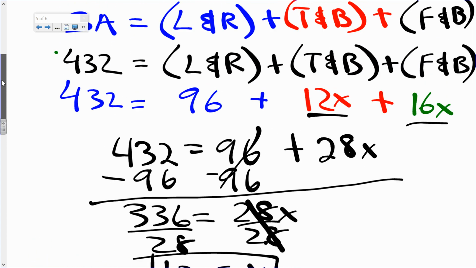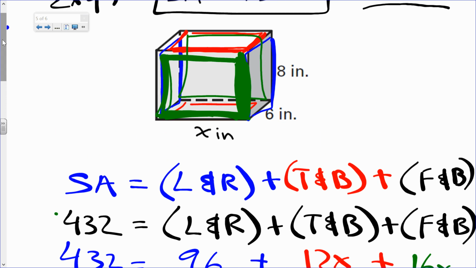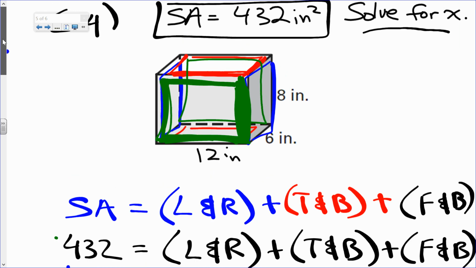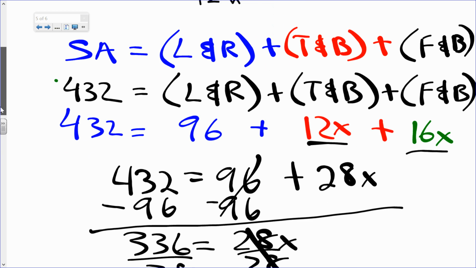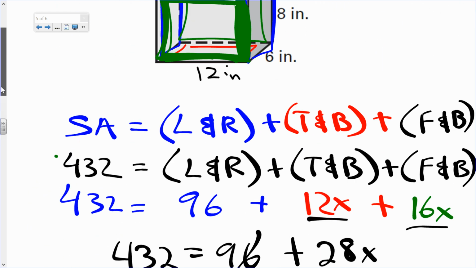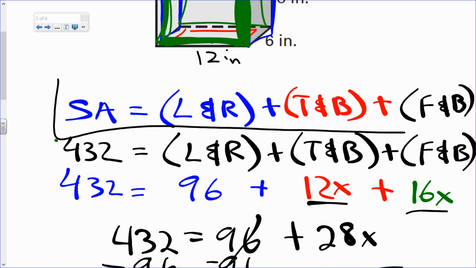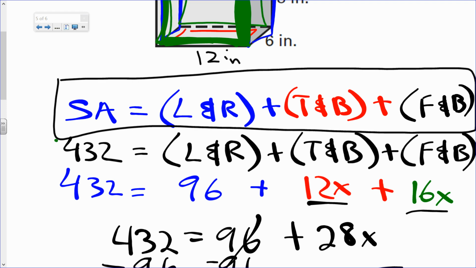What was x in the original problem? Right, it was the length of this face. It ended up being 12 inches. We solved it because they gave us a surface area. We will kind of work backwards on this one. The key here is when I wrote down the surface area formula, I replaced surface area with 432, and the rest just made sense.